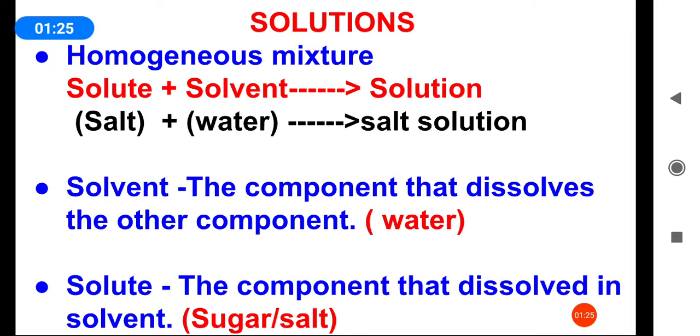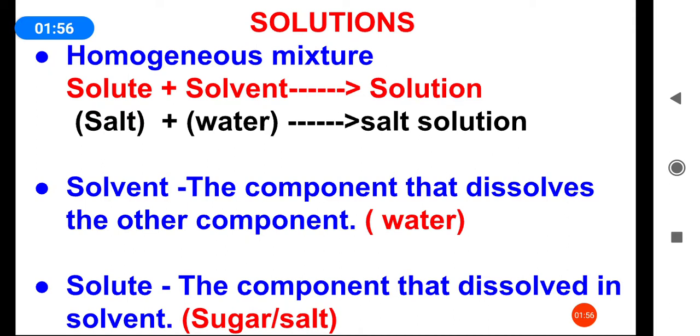Water is the solvent that dissolves the other components like sugar and salt. Next is solute. The component that is dissolved in the solvent is called the solute. So sugar and salt are the components that are dissolved in solvents like water.